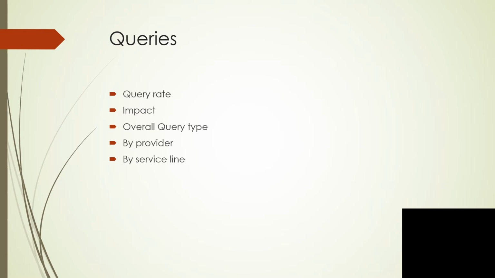Are your coders picking up on the concurrent CDI queries? Are they paying attention to them and coding appropriately based on the response to those queries? The answers to these questions are really what tells you whether you have a successful query system, right?